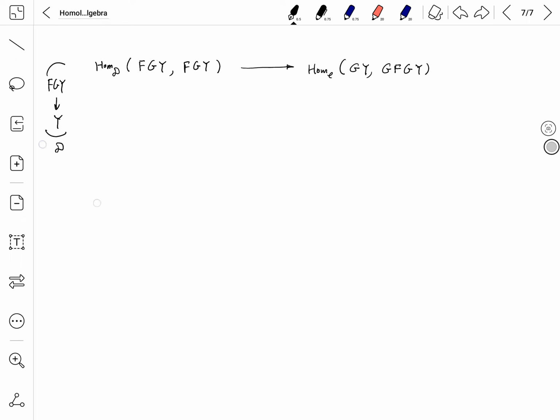This is in D. Eta is from FG to identity, so eta evaluated on y. It's a natural transformation, I just write it like this.